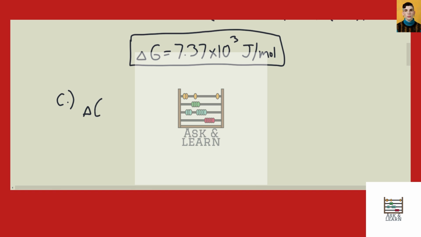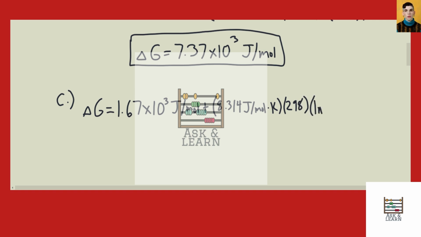So we use that value of Q in the same equation, using the delta G at standard conditions from part A again, 1.67 times 10 to the third joules per mole, plus RT ln of Q, 8.314 joules per mole Kelvin, times T, 298 K, times the natural log of Q, and in part C, we are told that Q equals 0.100.